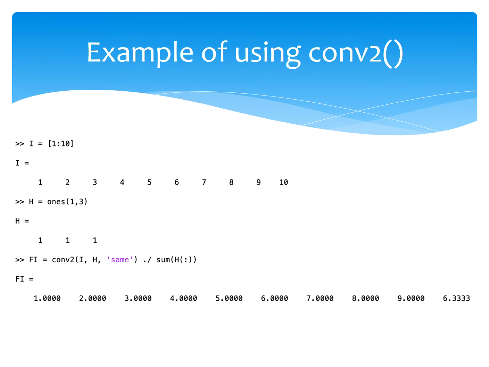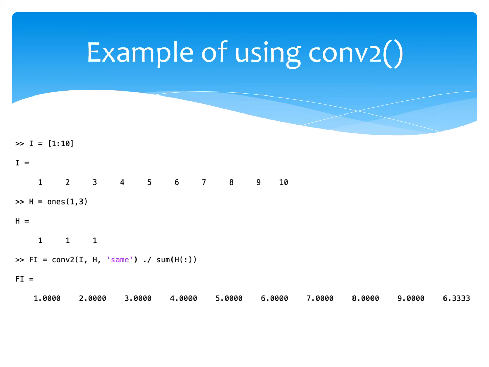Here, we provide an example of how to use the CONV2 function. Assume we have an image I of size 1 by 10 and a filter H of size 1 by 3. We convolve the filter H on I using the CONV2 function, and the results are stored in a variable fi.